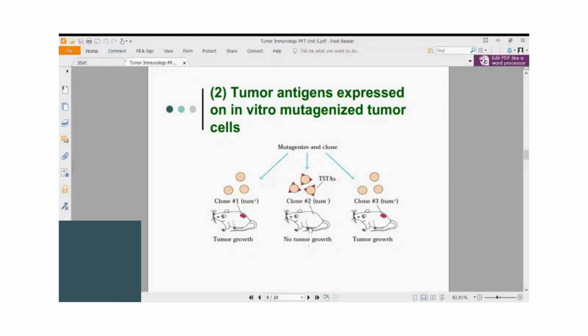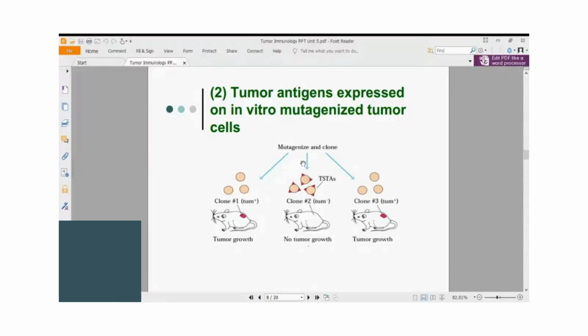So therefore, among in vitro mutagenized tumor cells, some will fail to grow in syngeneic mice and some will grow. Those which grow are the ones which have developed new antigens because of the mutagenesis.